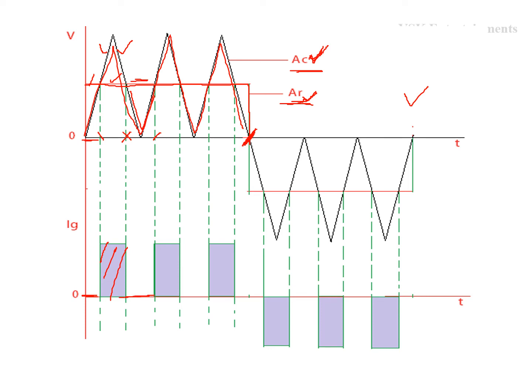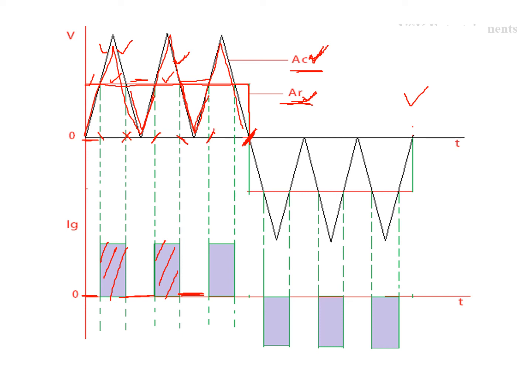Again compare from this point to this point. In this also the magnitude of carrier signal is greater than the magnitude of reference signal, so we are going to get the gating pulse in this duration. Similarly, from this point to this point, the magnitude of carrier signal is less than the magnitude of reference signal, so we are not going to get any gating pulse in this duration.